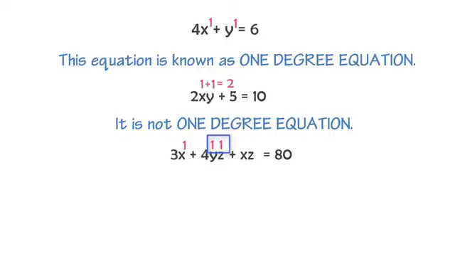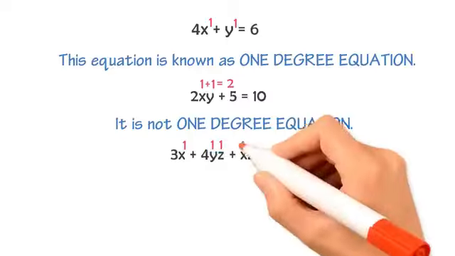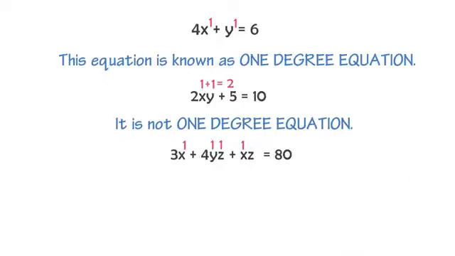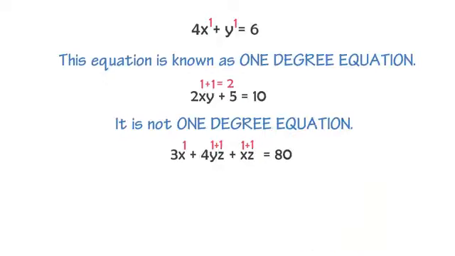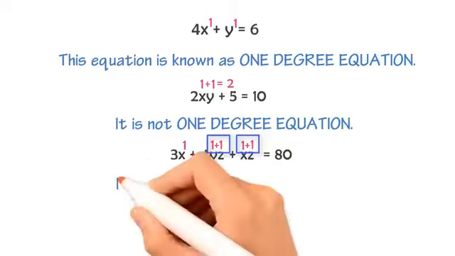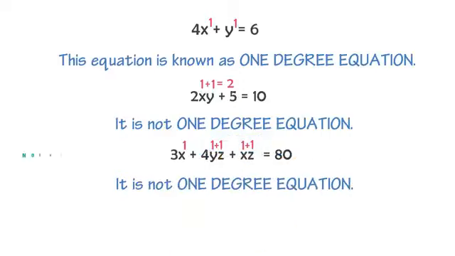Thus the power of second term is 2. The power of third term x is 1 and the power of z is also 1. Hence 1 plus 1 is equal to 2. Thus the power of third term is also 2. So we can say that the highest power of this equation is 2. Hence it is neither one degree equation nor linear equation.